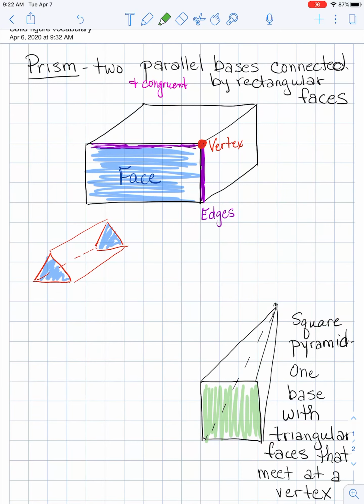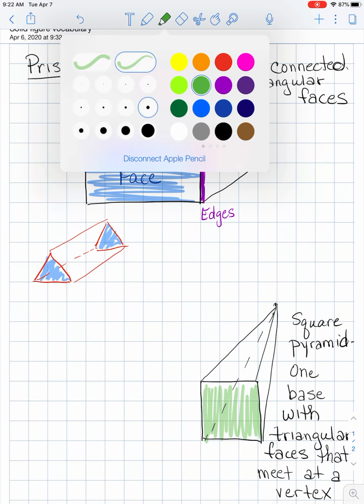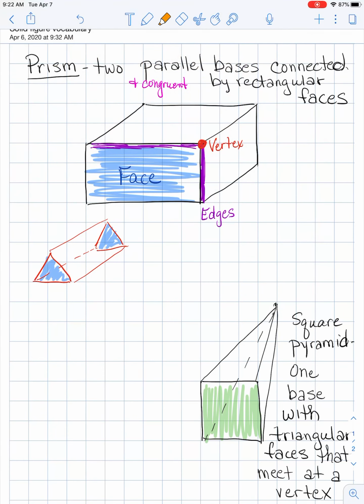A pyramid only has one base, and instead of having rectangular faces, a pyramid has triangular faces. And it doesn't matter what the base shape is.